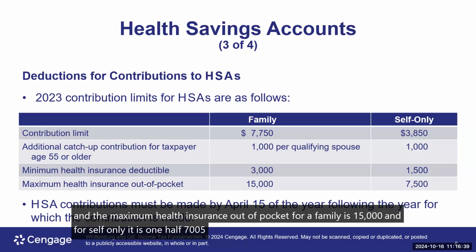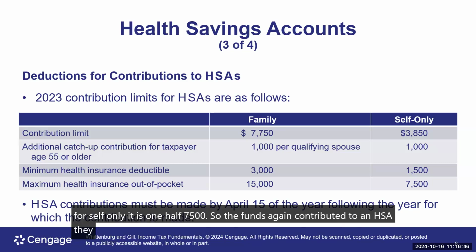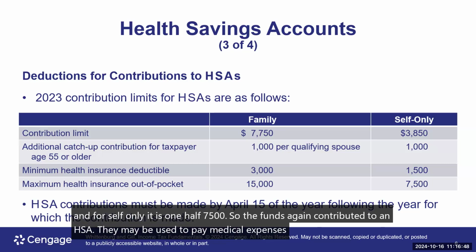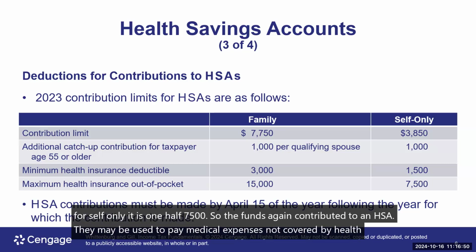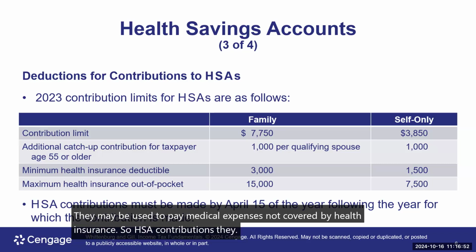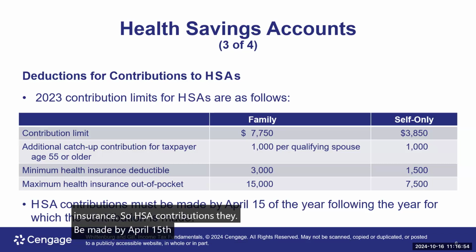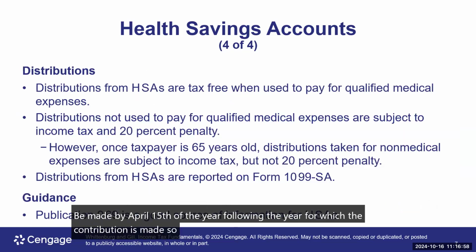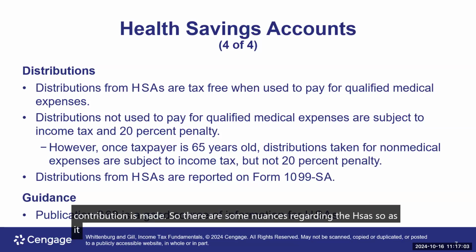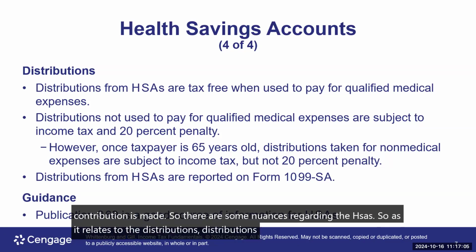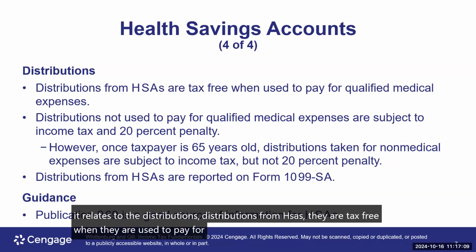$7,500. The funds contributed to an HSA may be used to pay medical expenses not covered by health insurance. HSA contributions must be made by April 15th of the year following the year for which the contribution is made. There are some nuances regarding HSAs. Distributions from HSAs are tax-free when they are used to pay for qualified medical expenses.